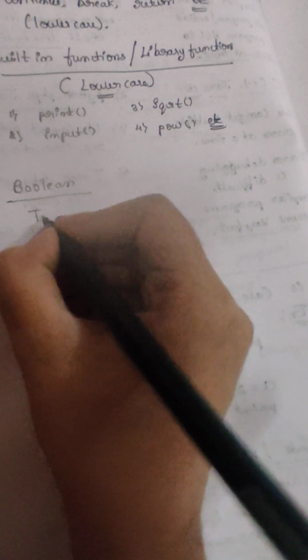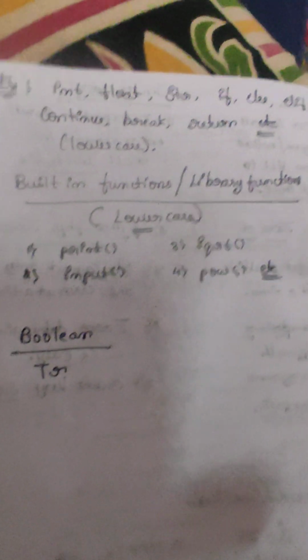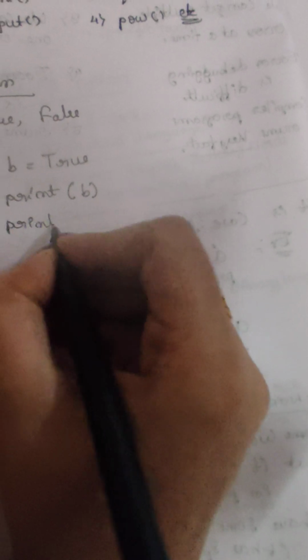Then we have Boolean. Another example. Here true and false we use for Boolean. For example, B is equal to true, print of B and print of type of B. What will it execute?